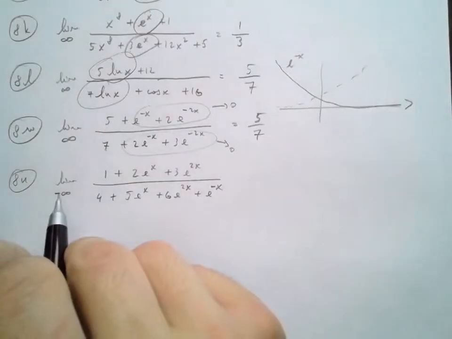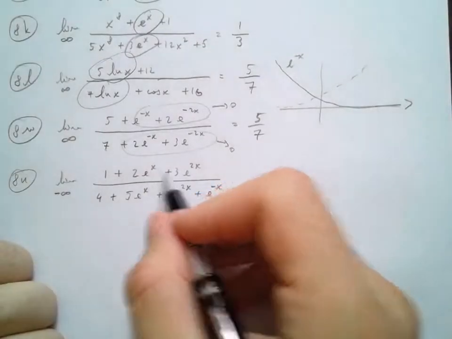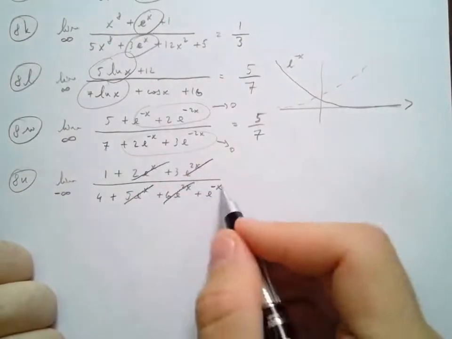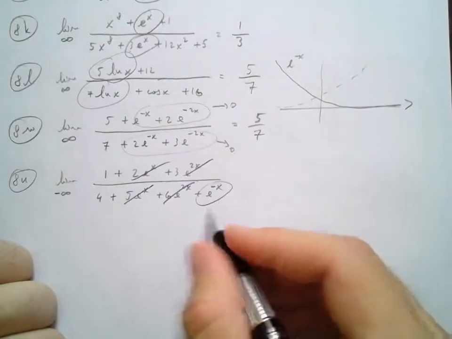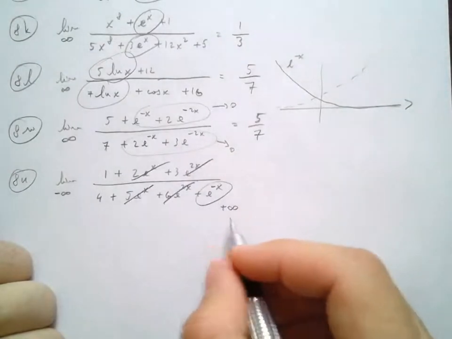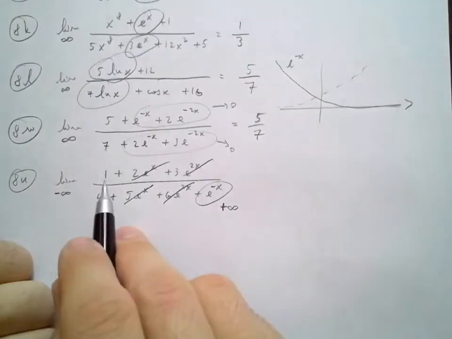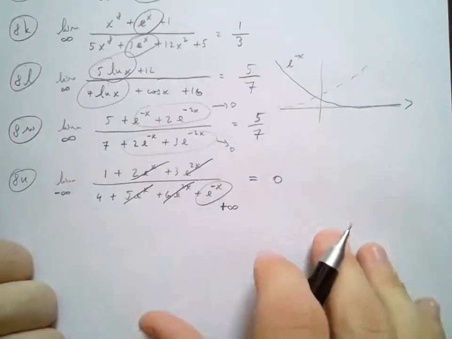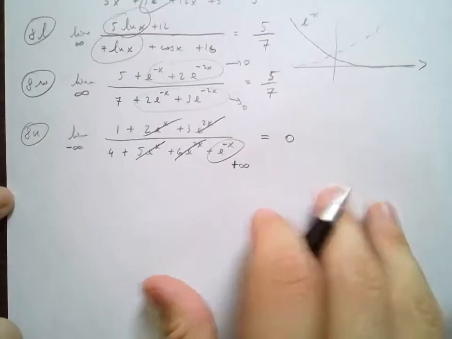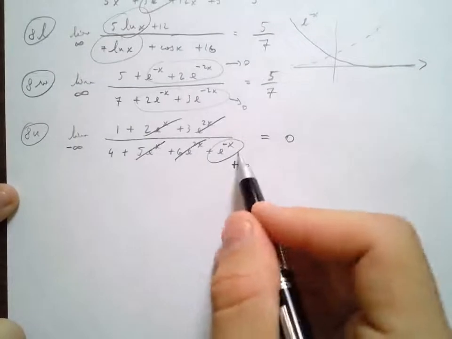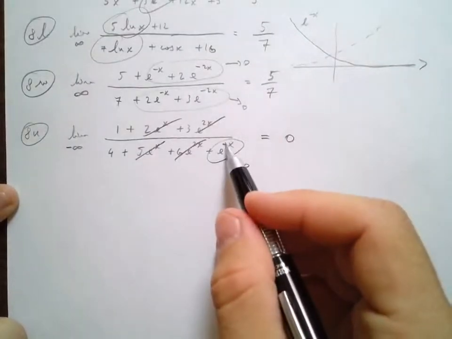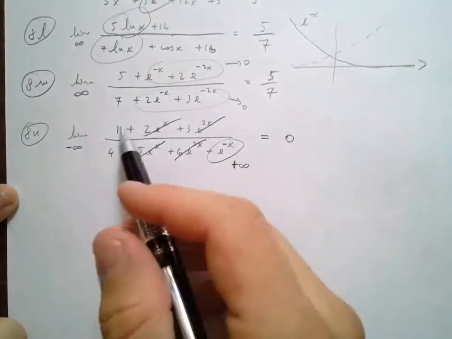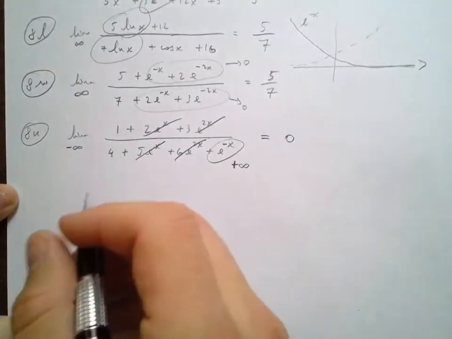As x goes to minus infinity, the positive exponentials are going to go to 0. However, this negative exponential is going to go to plus infinity. So I have a constant on top divided by plus infinity on the bottom, which means this limit is actually 0. It is not 1/4 because of this term here. If this had been just an e to the plus x or some other positive multiple of x, then indeed the limit would be 1/4.